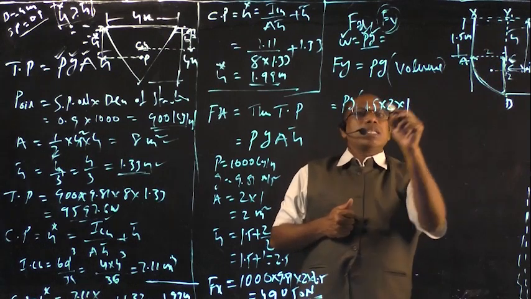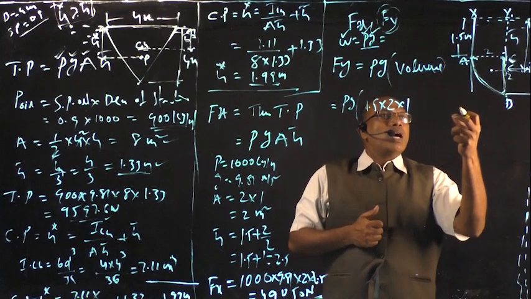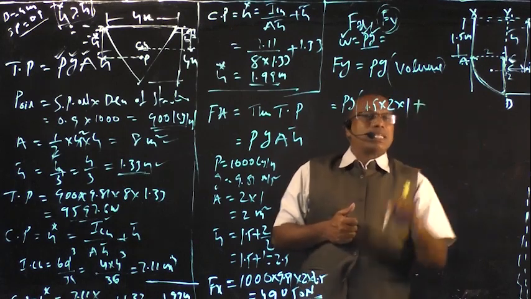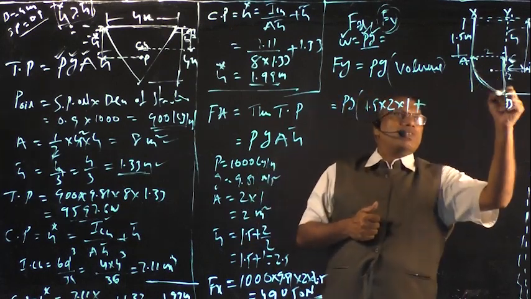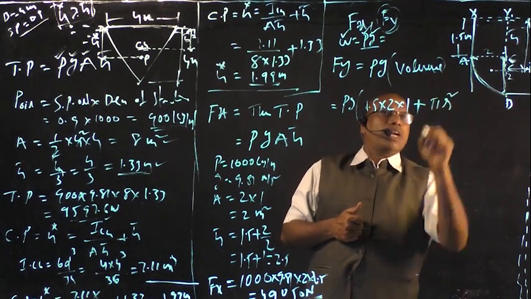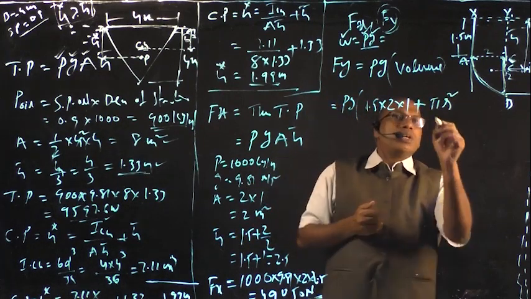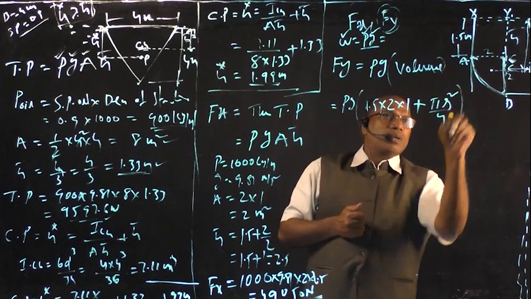The area is equal to 1.5 into 2, into 1, taking per meter width, plus what is the volume of this one? The circle area is equal to pi r square. That is the formula for the area of this circle. This is the quadrant, therefore divided by 4.